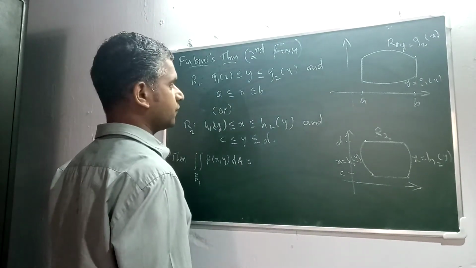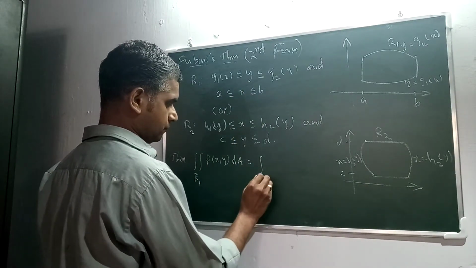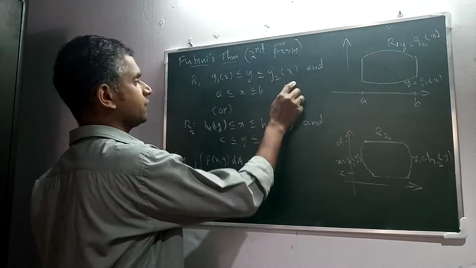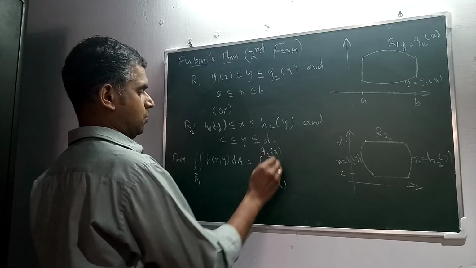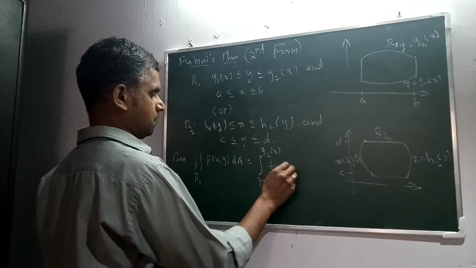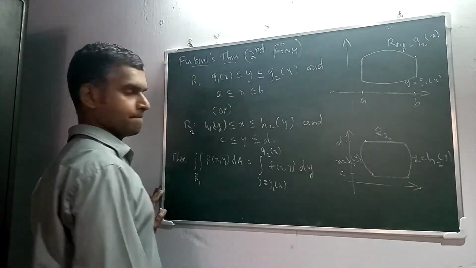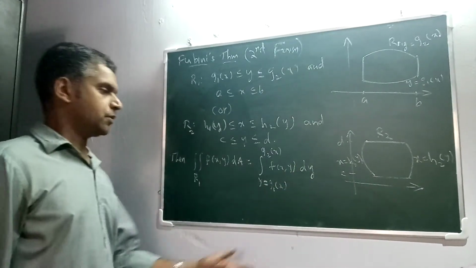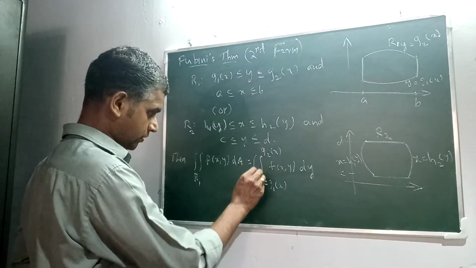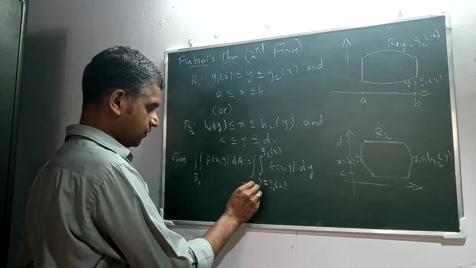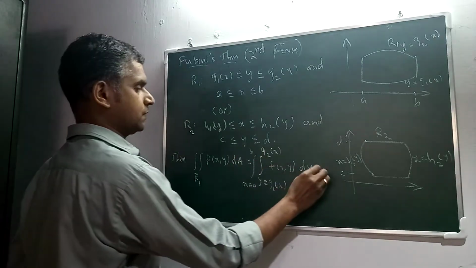So first integrate with respect to y. Y varies from g1 of x to g2 of x. Your function f of x comma y, integration with respect to y dy, keeping x fixed. Then you integrate the expression, x varies from a to b, dx.